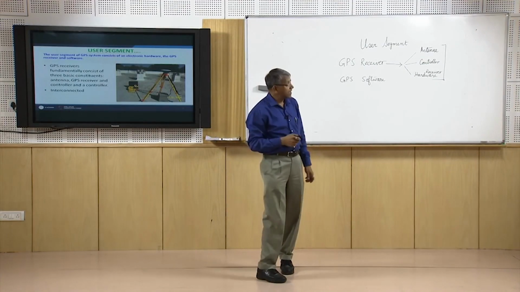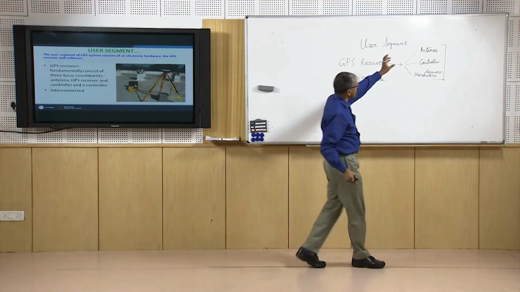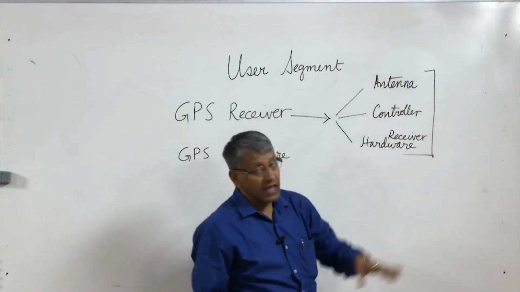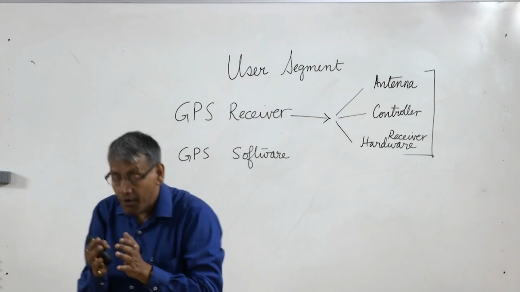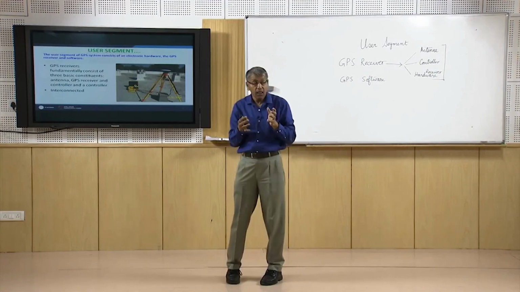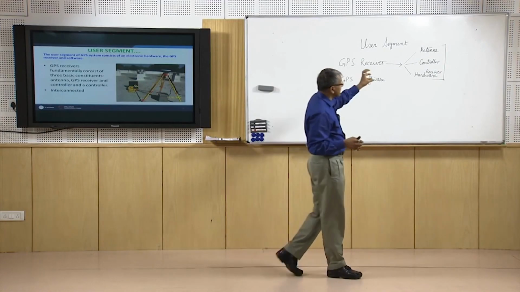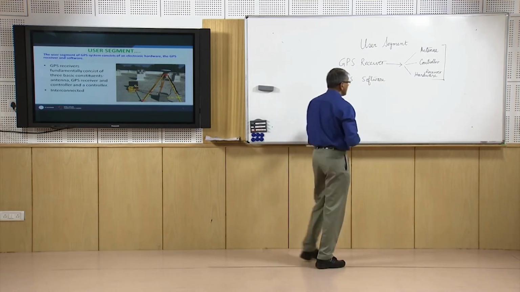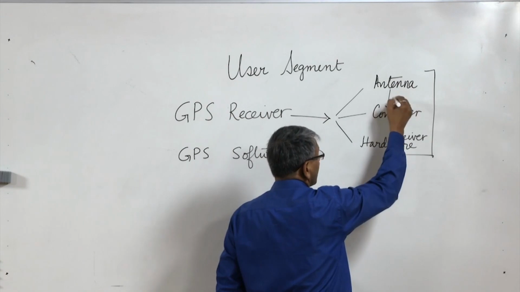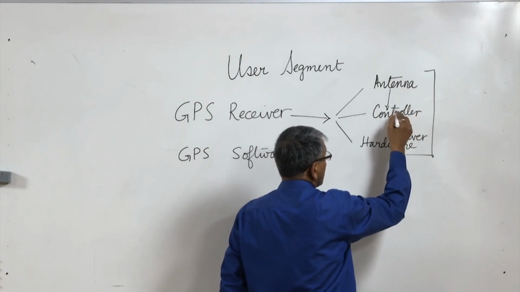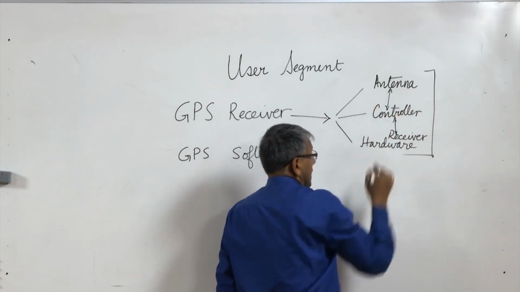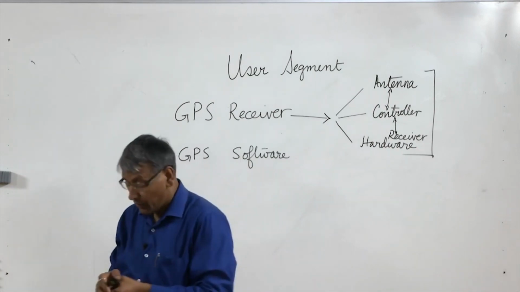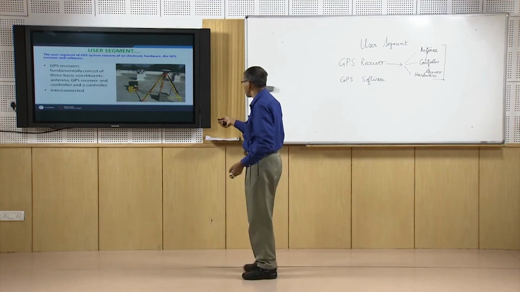These three components may be available as a single unit, or as independent units, in which case they are connected to each other. Here we can see a GPS receiver.